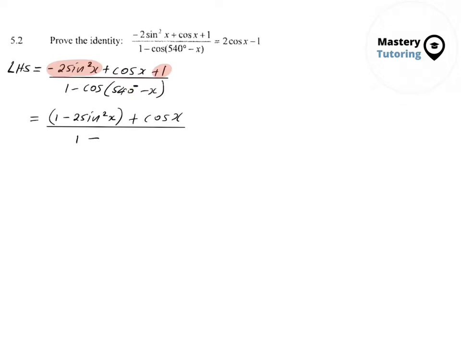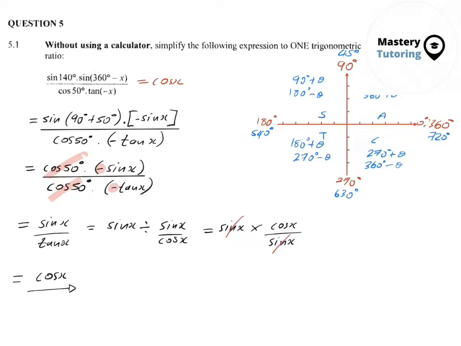540 minus x. Let us go back to our CAST diagram. So 540 is at this point. If you count from 0 degrees, you're going to have 90, 180, 270, 360. If you continue adding 90, you're going to have 540. So this is supposed to be 450, and 540 here.